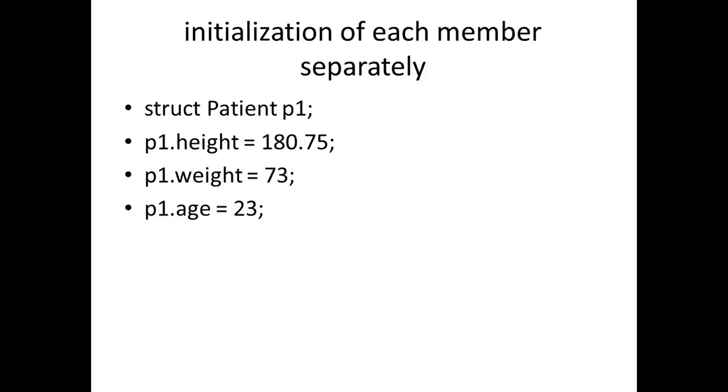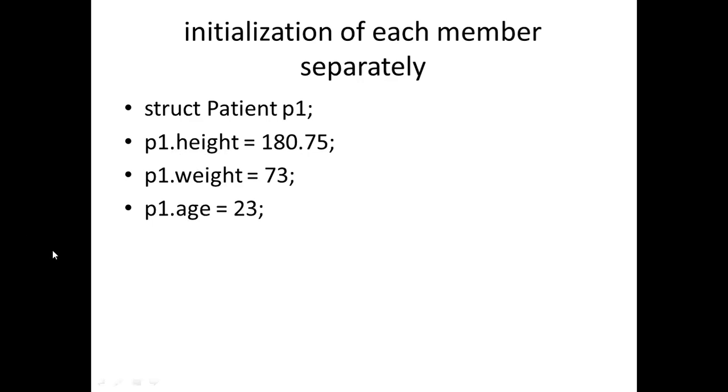We can also assign individual members. We can initialize each member separately. So we declare a patient structure type variable named p1. Now here, for p1, we have to use the member operator.